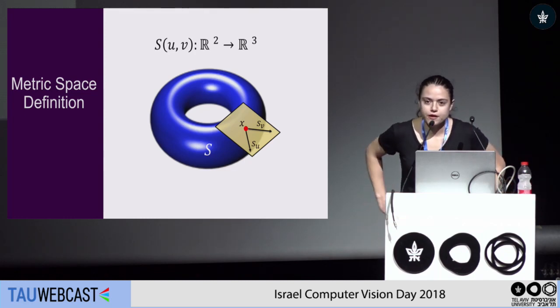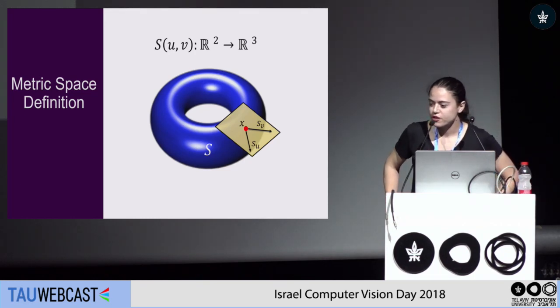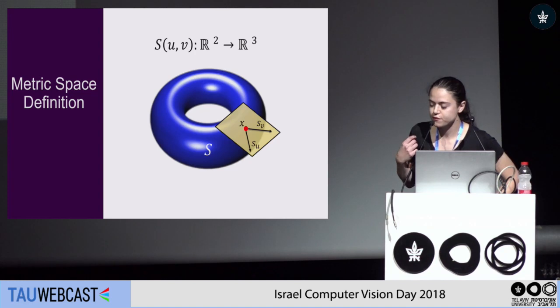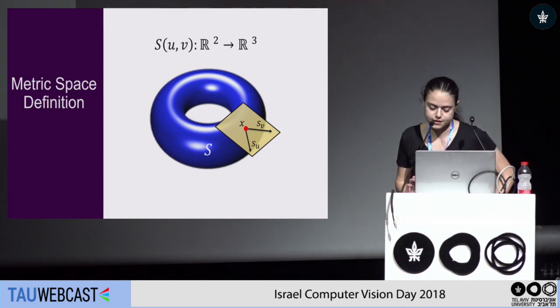Basically, for a general surface, it's impossible to define a global parametrization, but still, locally, at every point on the surface, we can define a tangent space, a tangent plane, and in this tangent plane we can define a local coordinate system.